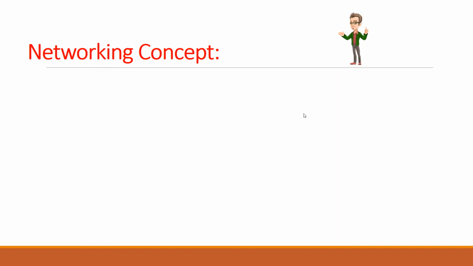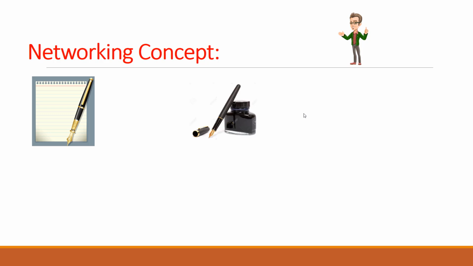So let's think that Muhammad would like to send a letter to Jasmine. What he needs, first of all, is a pen and paper, ink, and an envelope, and using these things, he will be able to write a letter and insert it inside the envelope.